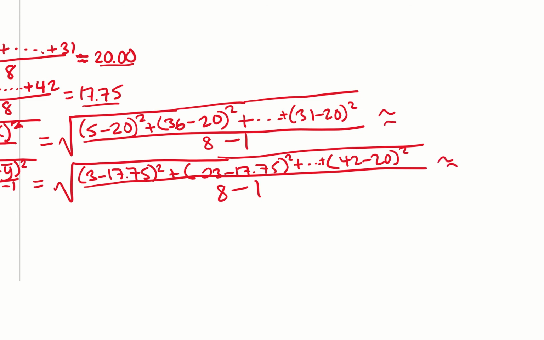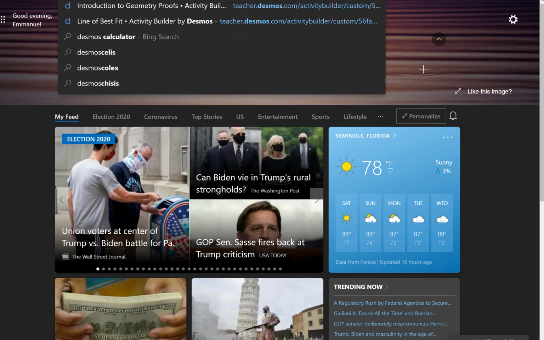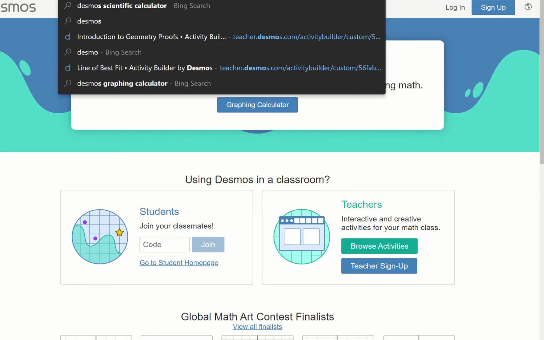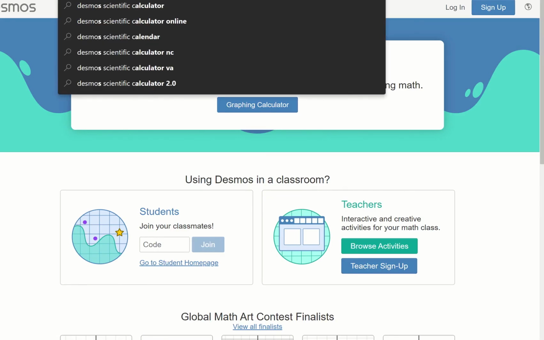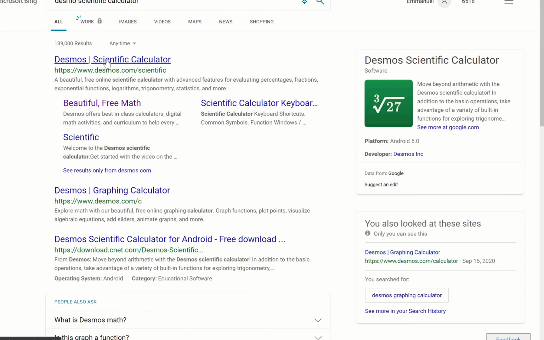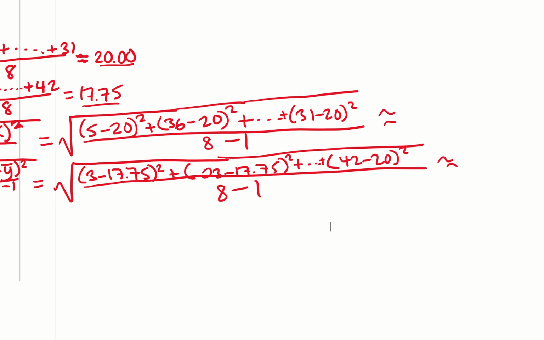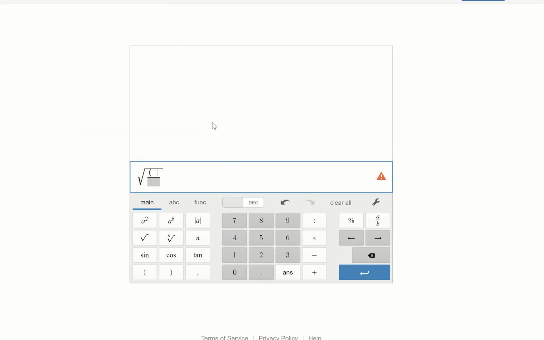You can do these on the calculator. When you do this, I highly suggest you use something like Desmos. So if you go to Desmos.com, you can actually type in Desmos scientific calculator. There it is. And then you can actually type in the stuff. So you can say square root, you have a fraction, and then you can type in your numbers. So 5 minus 20 squared, 36 minus 20 squared.